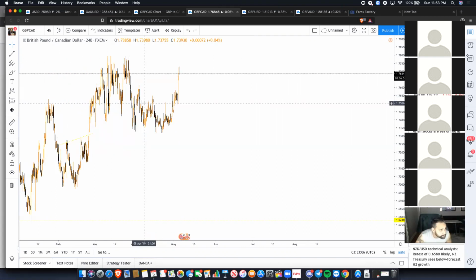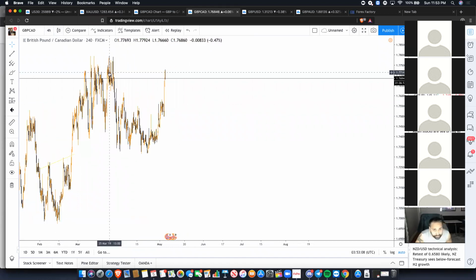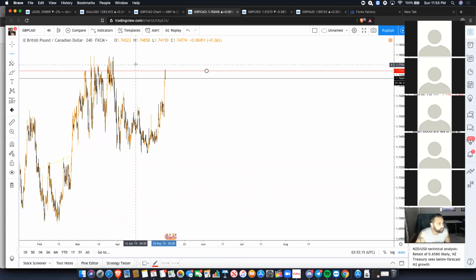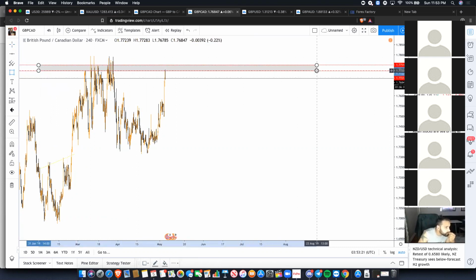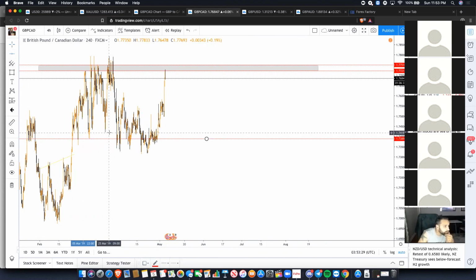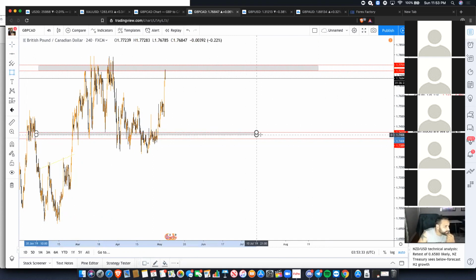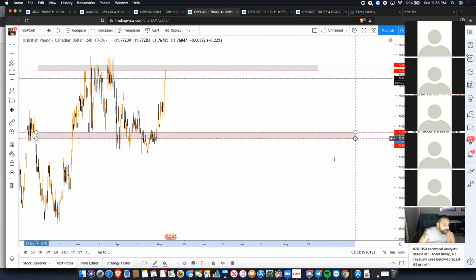GCAD, yeah, GCAD looks good, man. Just like GBP AUD. She failed to bounce off that high. Right, and right now the stop is like 90 pips.